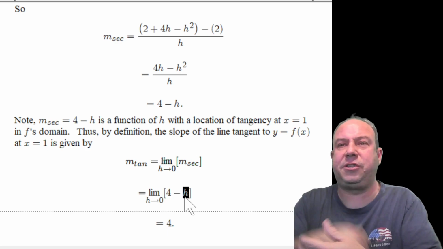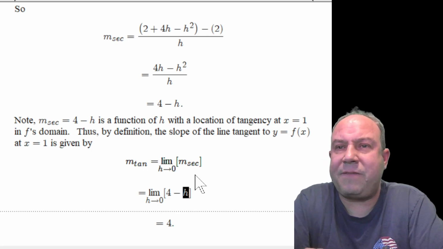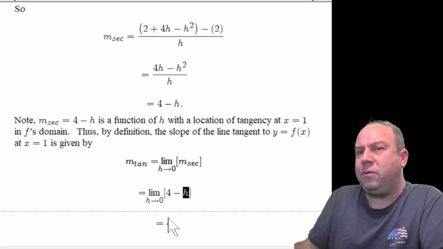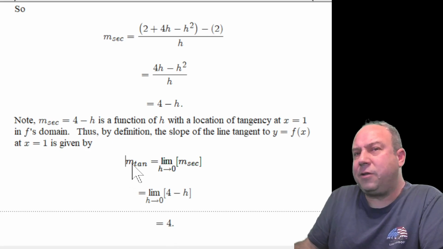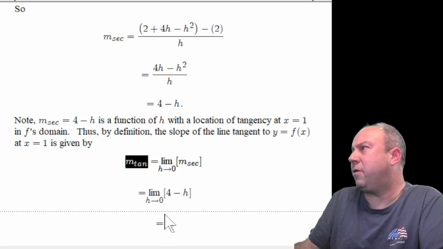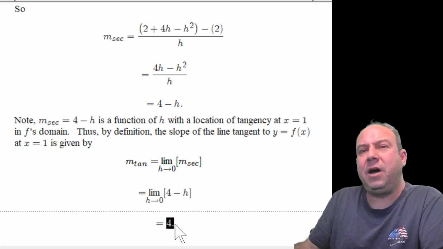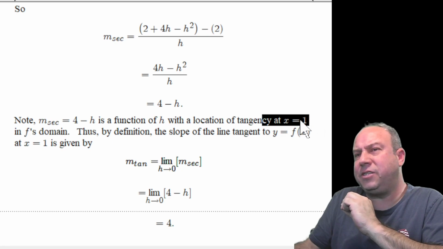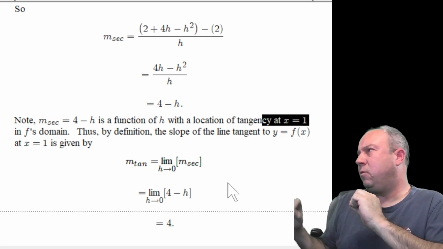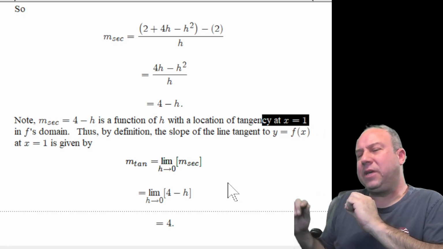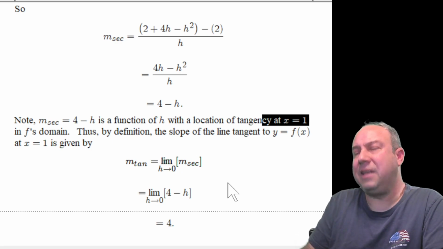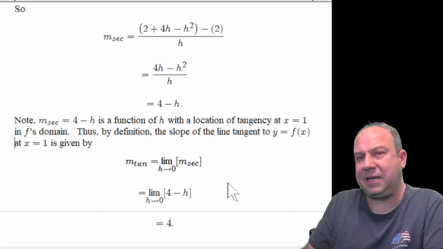Well, just substituting 0 for h, you have 4 minus 0, which results in the value of 4. The slope of the line tangent to this curve at x equals 1, our point of tangency c, is equal to 4. And we calculated that by applying a limit to the slope of the secant line.